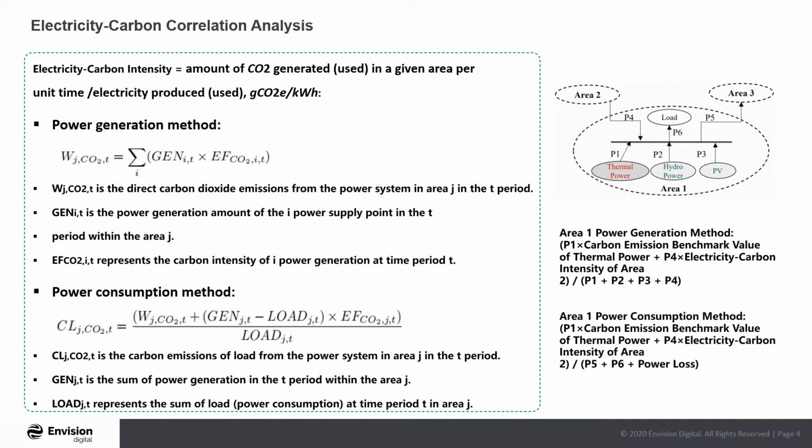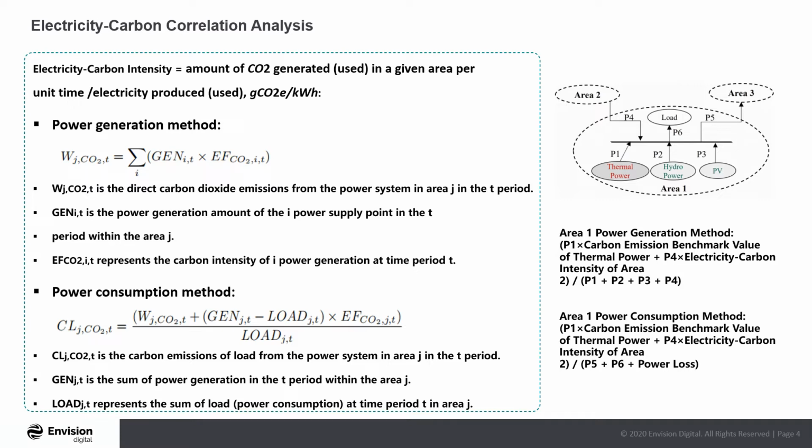As an example shown in the figure, the electricity carbon intensity in area 1 can be calculated through the power generation method as P1 times the carbon emission benchmark value of thermal power plus P4 times the electricity carbon intensity of area 2, divided by P1 plus P2 plus P3 plus P4. Meanwhile, it can be calculated via the power consumption method as P1 times the carbon emission benchmark value of thermal power plus P4 times the electricity carbon intensity of area 2, divided by P5 plus P6 plus power loss.